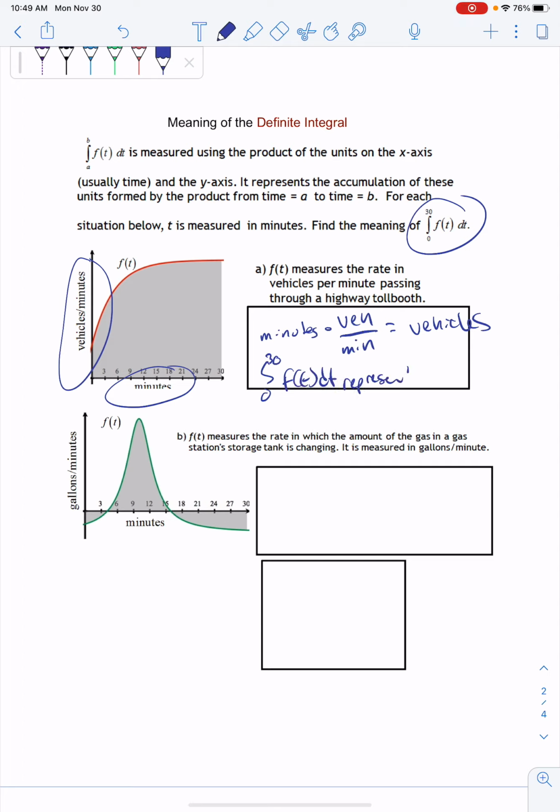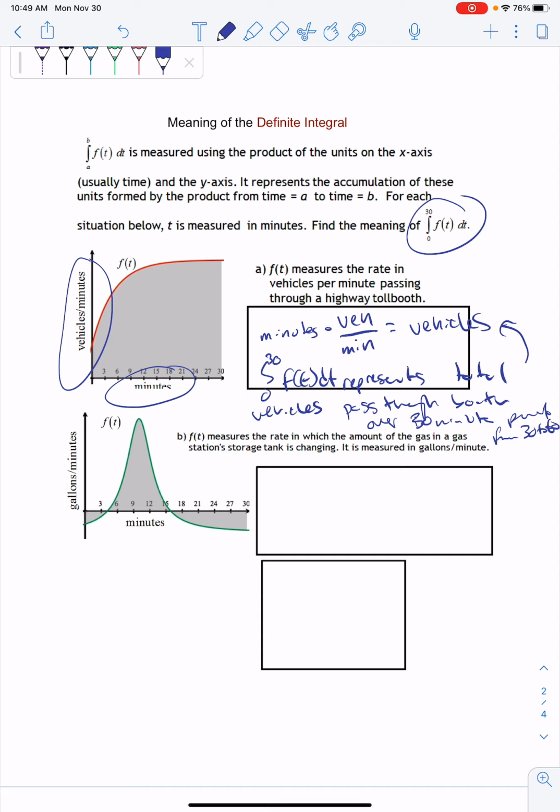I would say that the integral from 0 to 30 of f of t dt represents the total what? What are the units of my integral? Vehicles. The total vehicles that pass through the toll booth over the 30-minute period from 0 to 30.